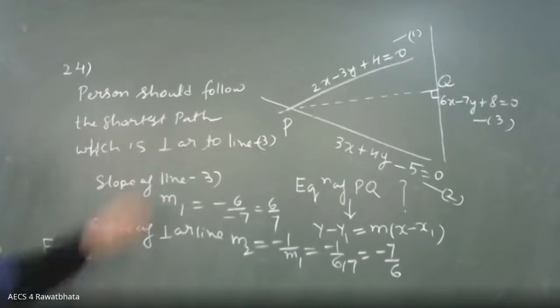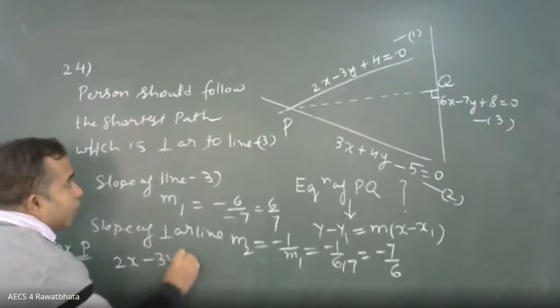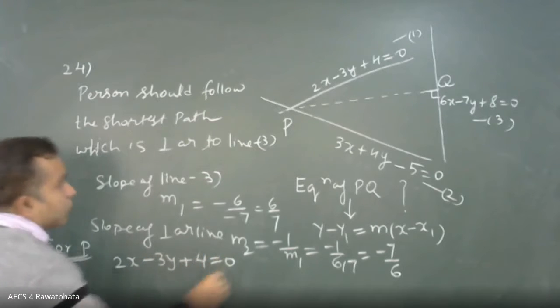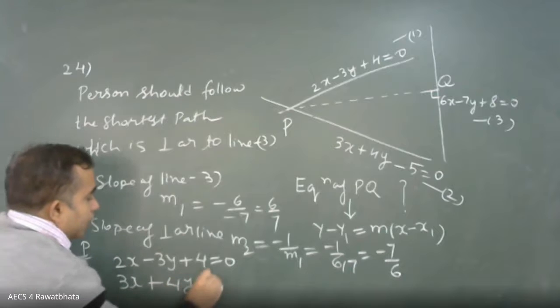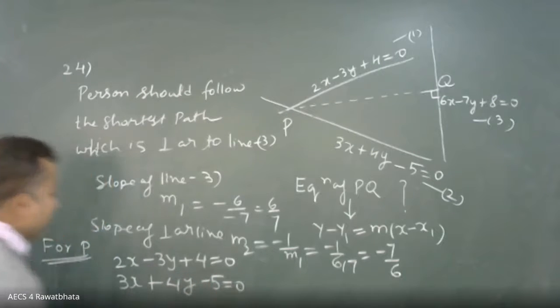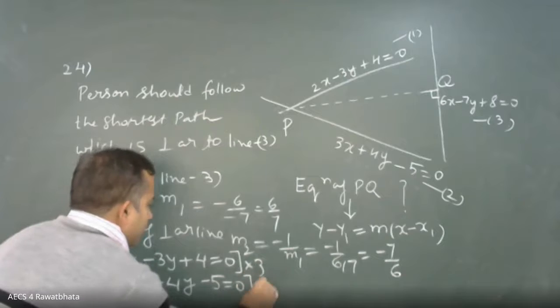For P, I have to solve these two. 2x minus 3y plus 4 equal to 0, and the other one is 3x plus 4y minus 5 equal to 0. I think I have to multiply. In this I am multiplying 3, in this I am multiplying 2.